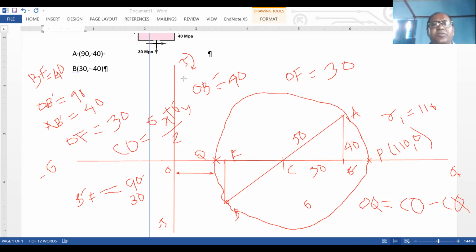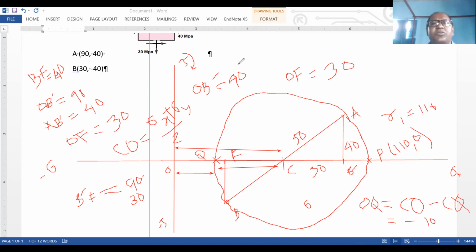If I take the bigger distance from here to C and subtract this one, I'll get OQ. So CO, the location of the center, is 60, and CQ is 50. So OQ ultimately is coming minus 10.